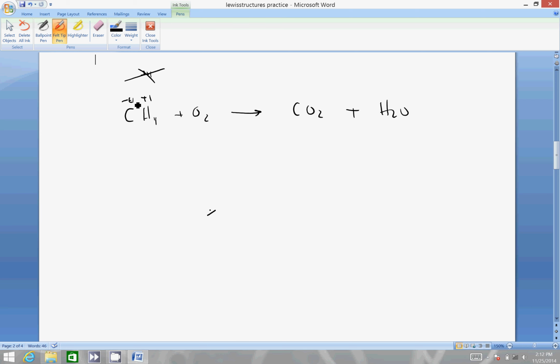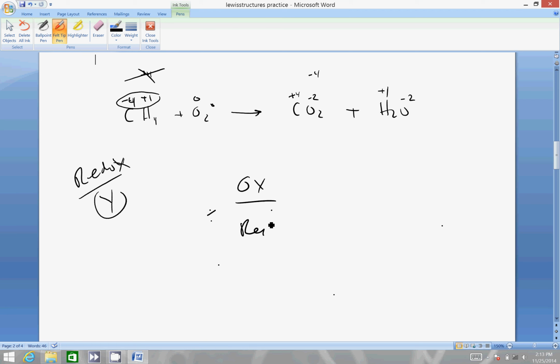So now we're looking at this point, is it a redox reaction? Redox. And -4 to a +4? Yes. If this is going one way, then something else has to be going negative, so yes. Alright, who is being oxidized? Who is being reduced?